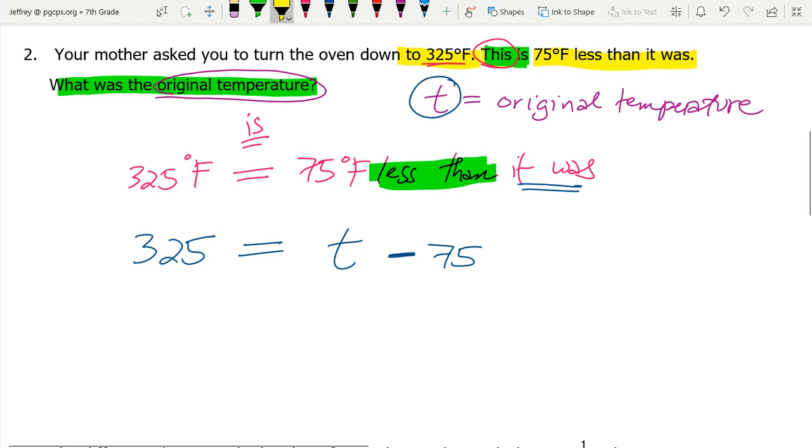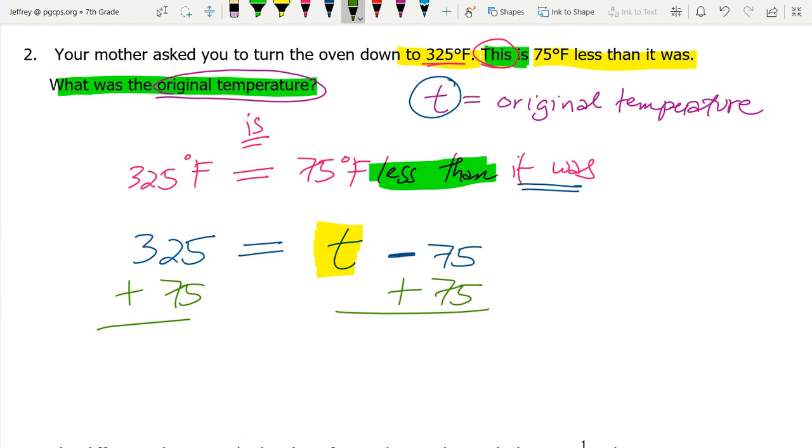Now we need to solve for the original temperature. What do we do? Absolutely, we're going to add 75 degrees by using the inverse operation. So the result is a 0. What's left is T equal to 400 degrees Fahrenheit. There you go.